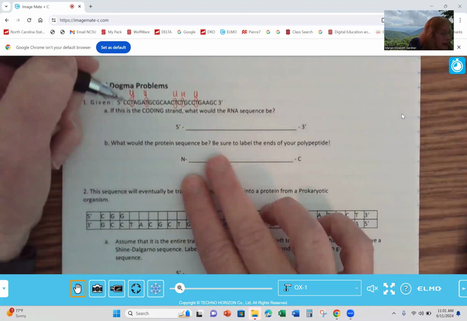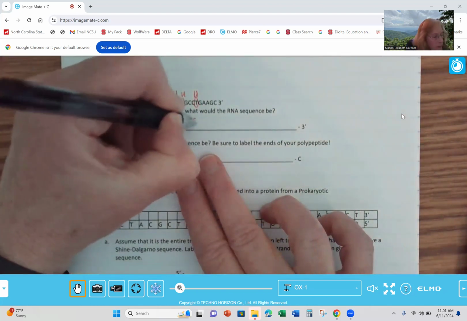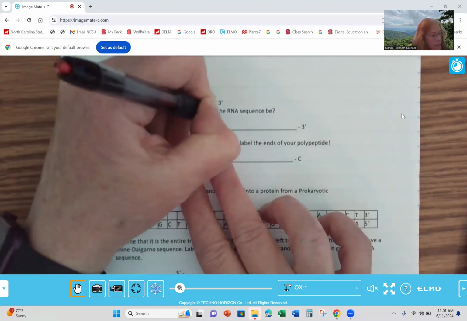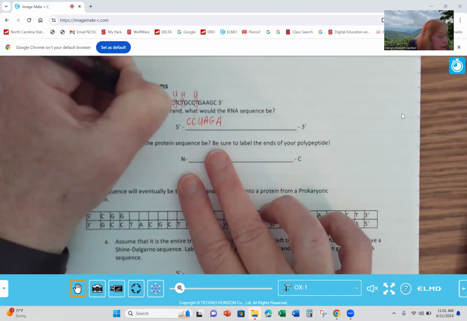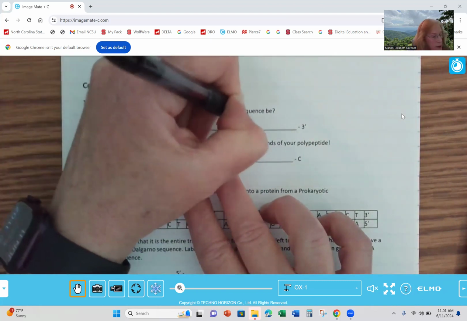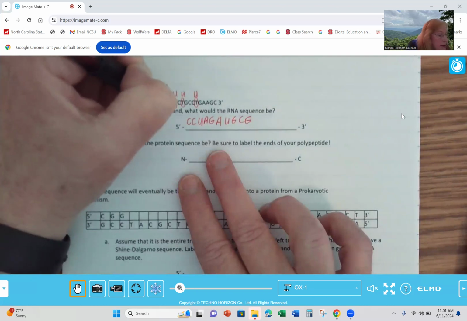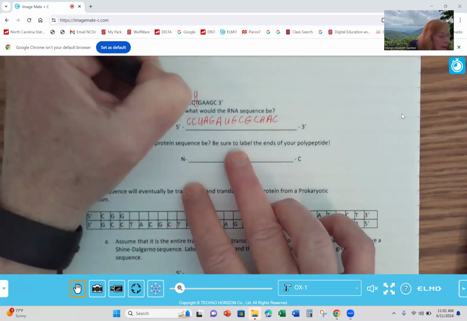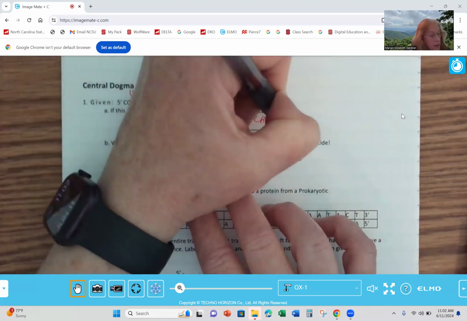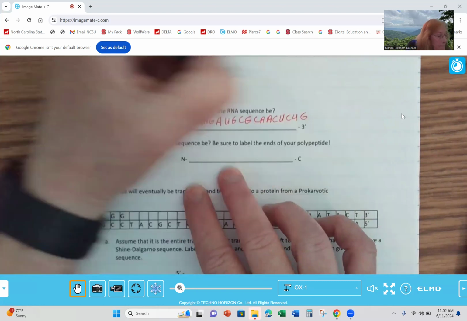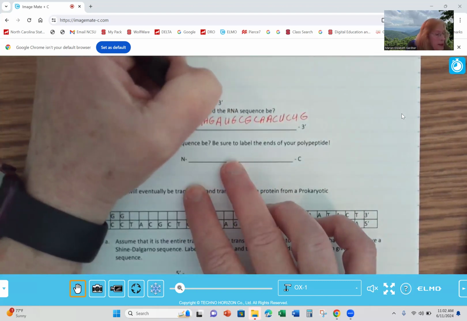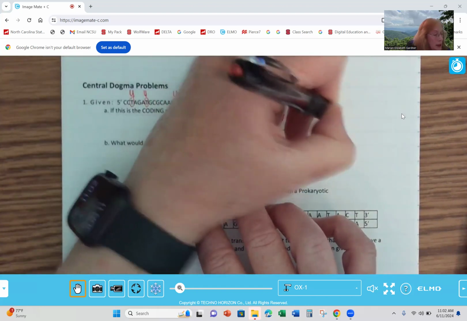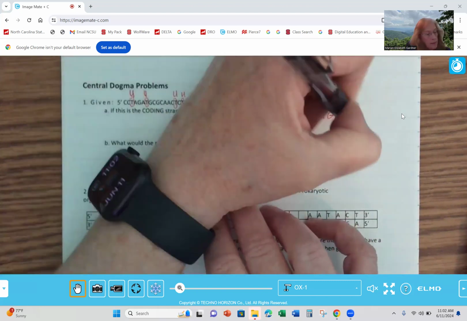So let's see if I can write that out. CCU, AGA, UGCG, CAAC, UCUG, CCU, AGC.